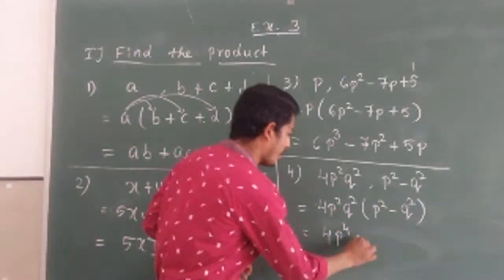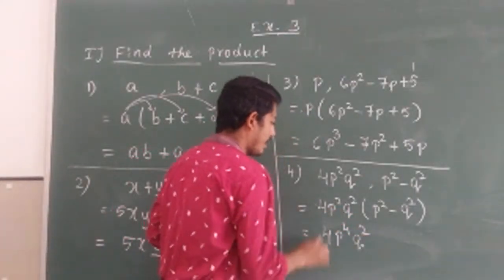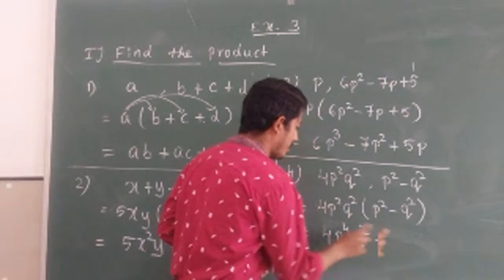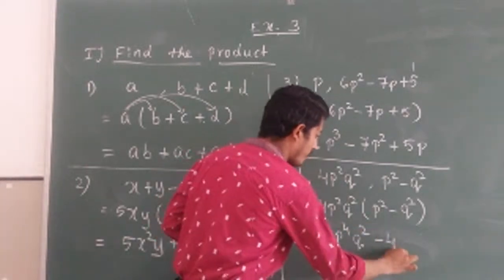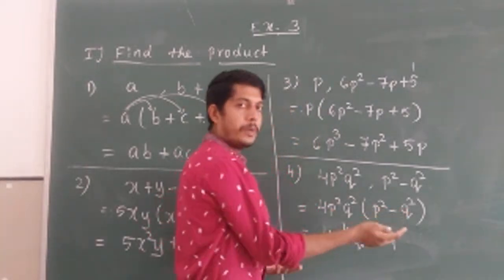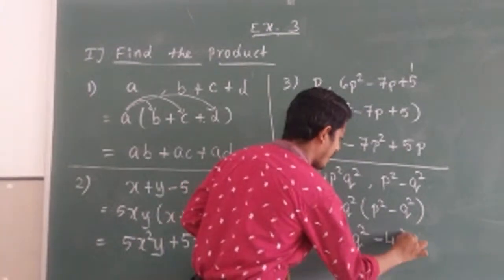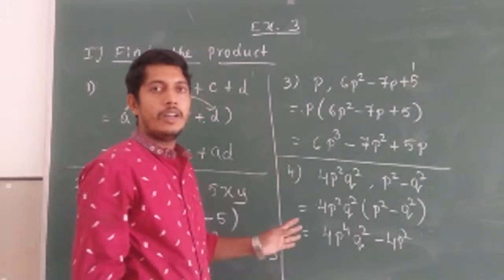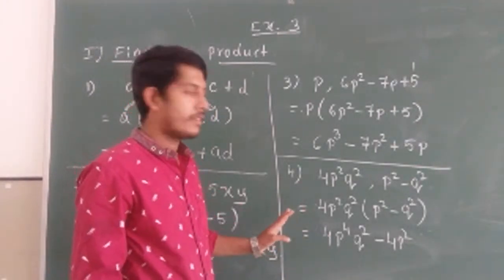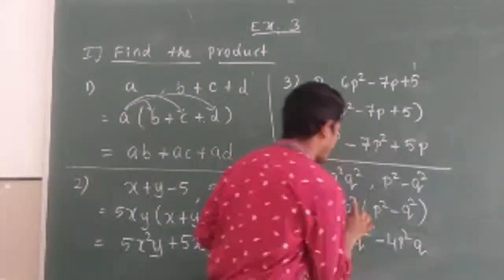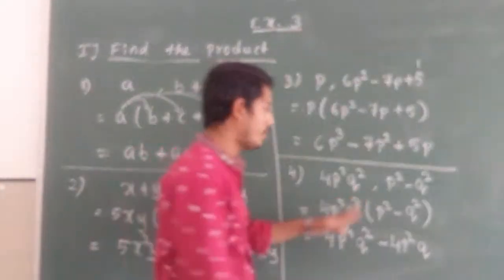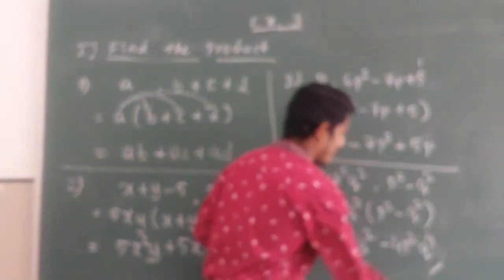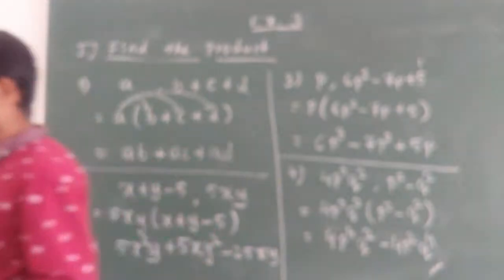Then q square remains as it is. Then next plus into minus, minus 4 into 1, 4. p square, there is no p term here, that's why I will write p square as it is. Then q square into q square, the base term is q, so I will write q, and the exponent is 2 and 2 plus 2 gives 4. So this is the answer. Just verify with your answer.